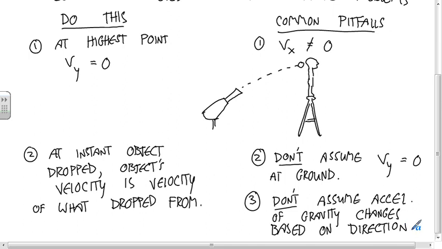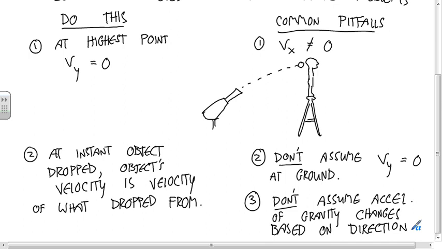Just like in 1D, I said this a bunch of times. If the object's going up, the direction of the acceleration of gravity is down, 9.81 down.